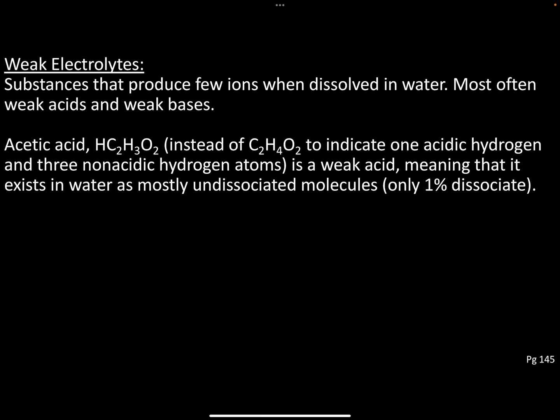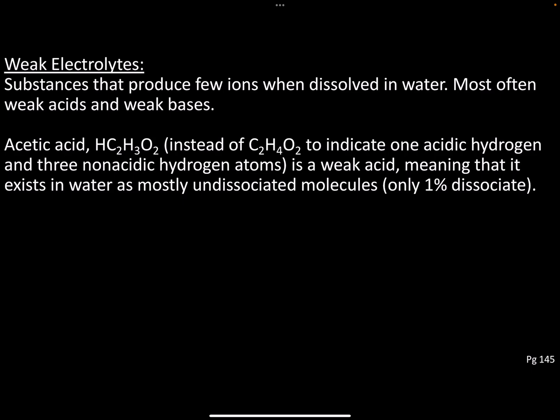We note that we have HC2H3O2 instead of C2H4O2, similar to how we had that OH earlier. This is indicating that we have an acidic hydrogen that will come off of the molecule when it dissociates, and there are 3 non-acidic hydrogen atoms.